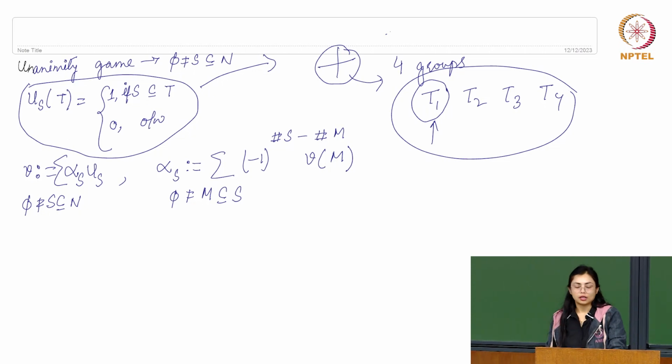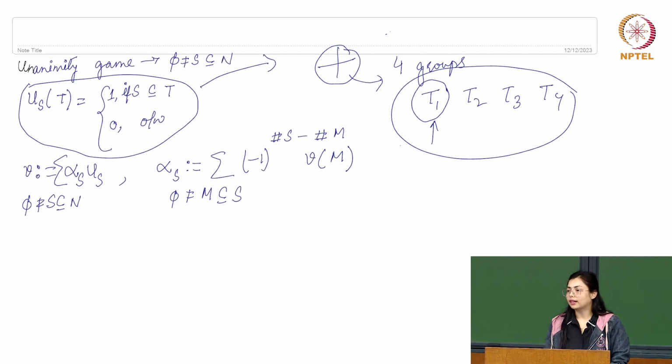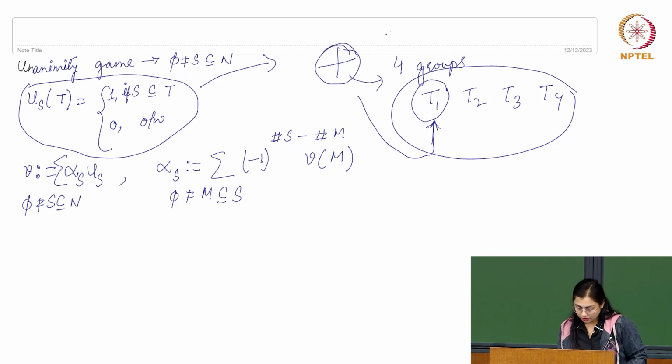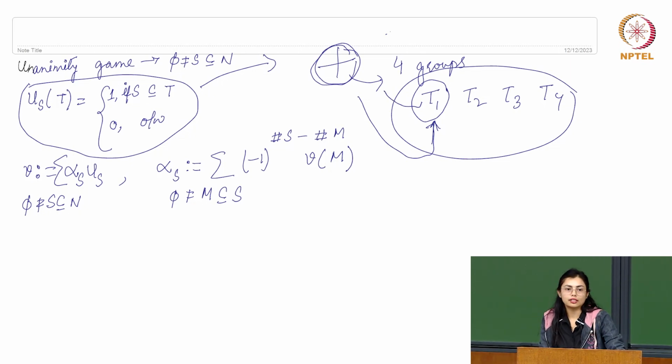So what is he going to do? He will definitely try to maximize it, right? And there is one restriction that only one group will get the cake. If somebody in T1 gets the chance to give the cake, to which group will he give it?